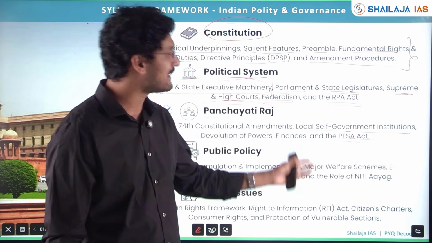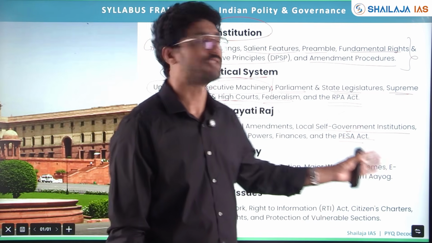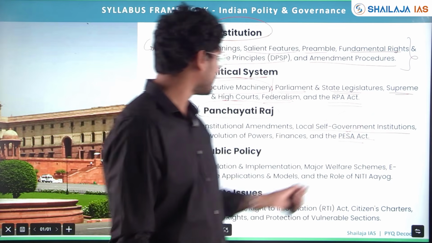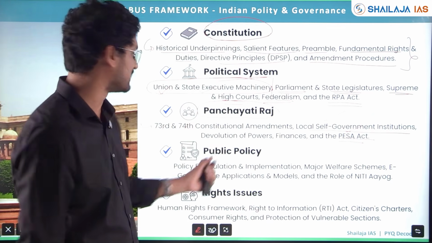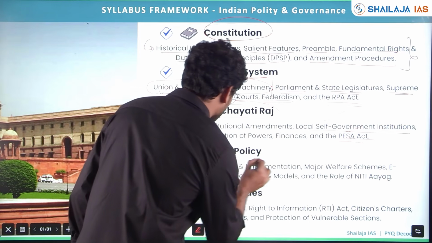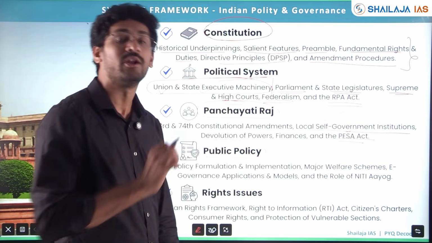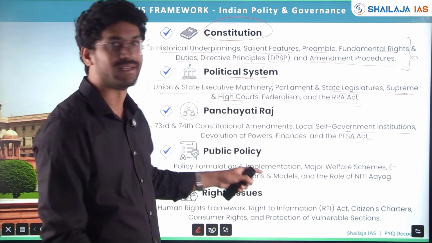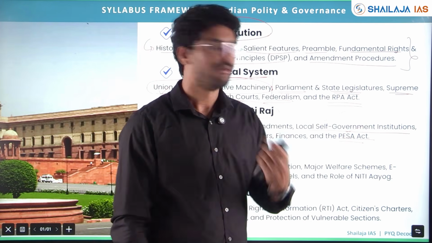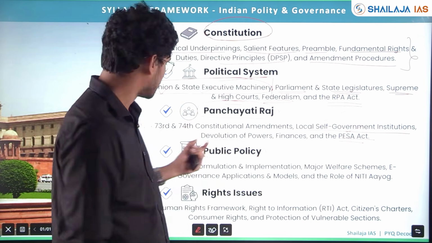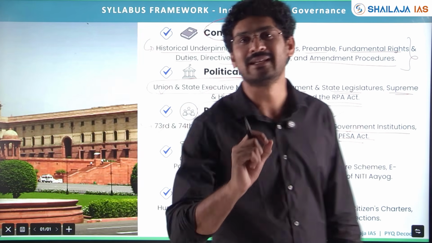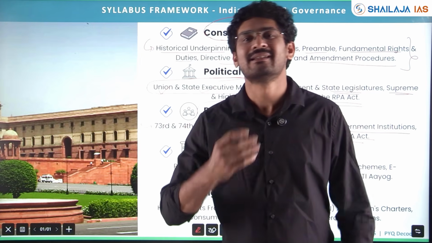If you wonder where the acts, Forest Rights Act, the question is coming from, it is linked to the governance, okay, and the other institutions like public policy. Next, in the UPSC Prelims syllabus, you will find particularly mentioned public policy. In the standard books you read, whichever you read, we all read Lakshmikant, but public policy is mentioned in the syllabus, but it is not a static concept.